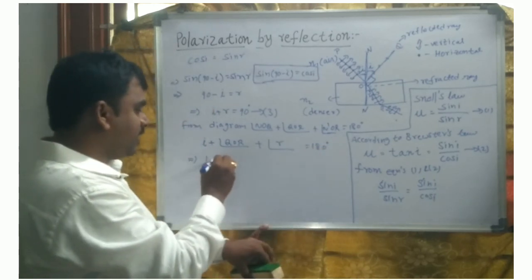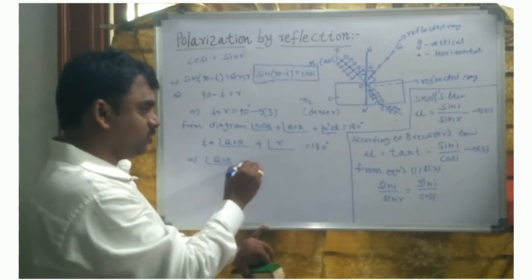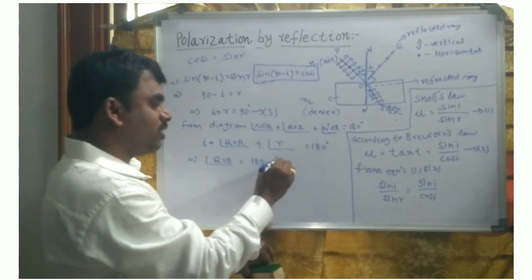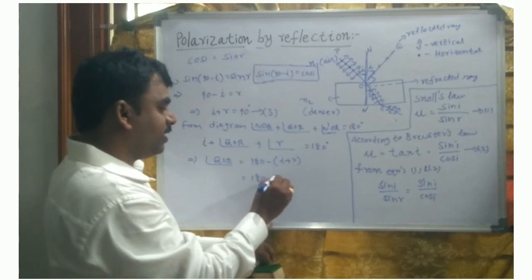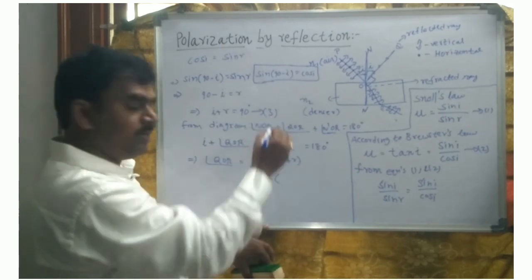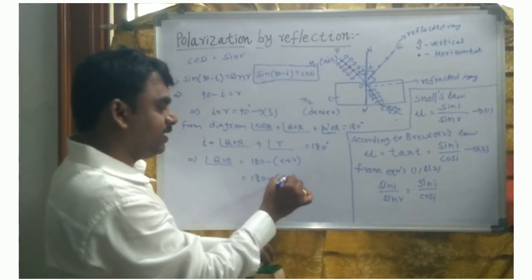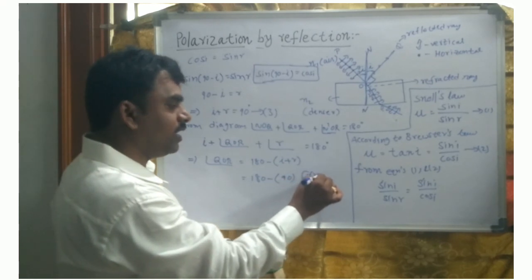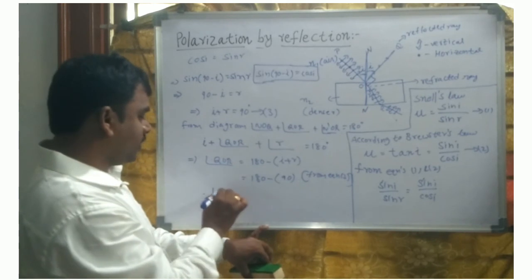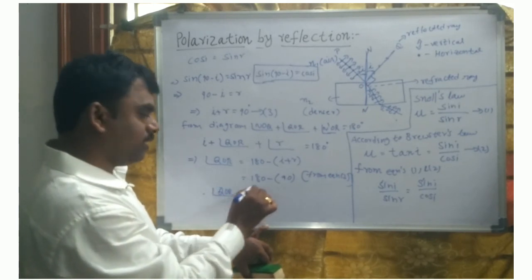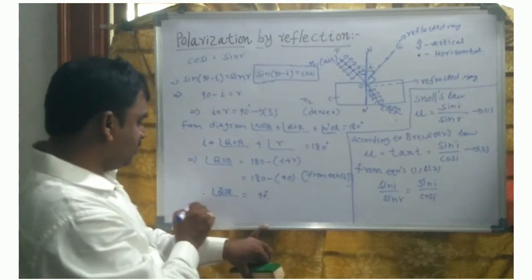That implies angle QOR equals 180 minus (i plus r). From equation 3, that is 90. Therefore angle QOR equals 90 degrees.